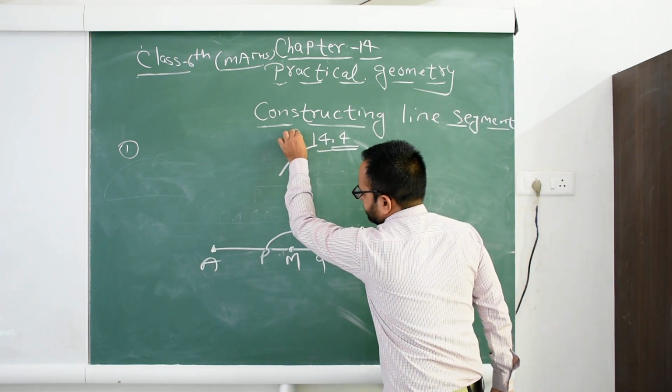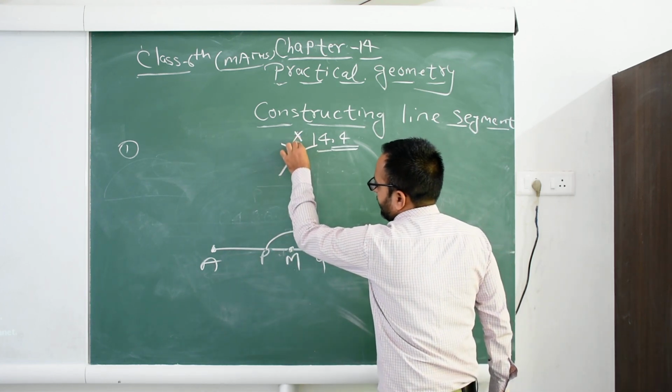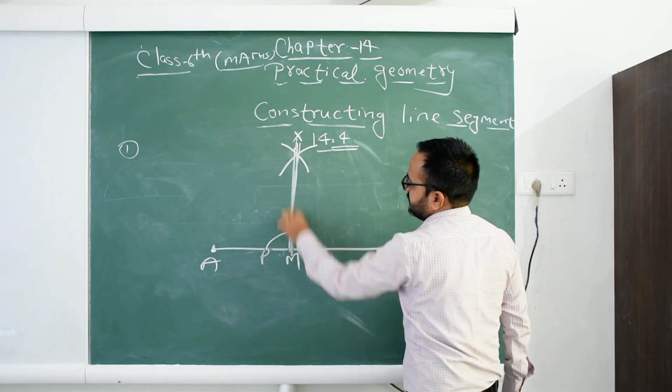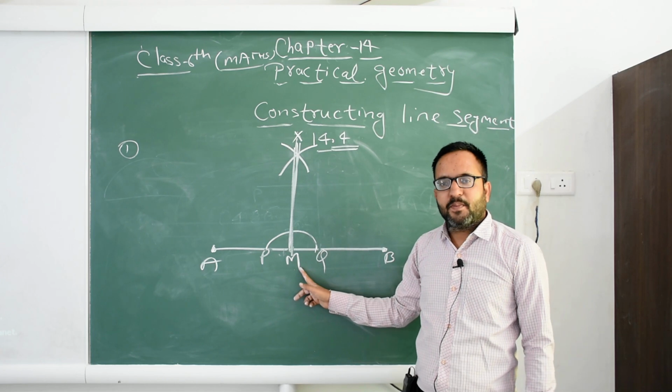Mark the point X, and now we join point X and M. So this is your procedure for constructing a perpendicular.